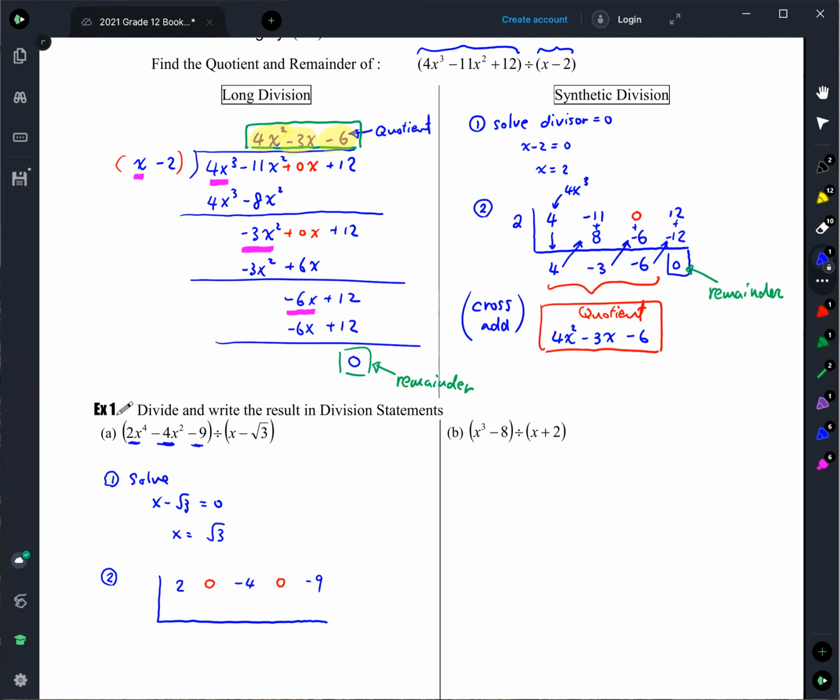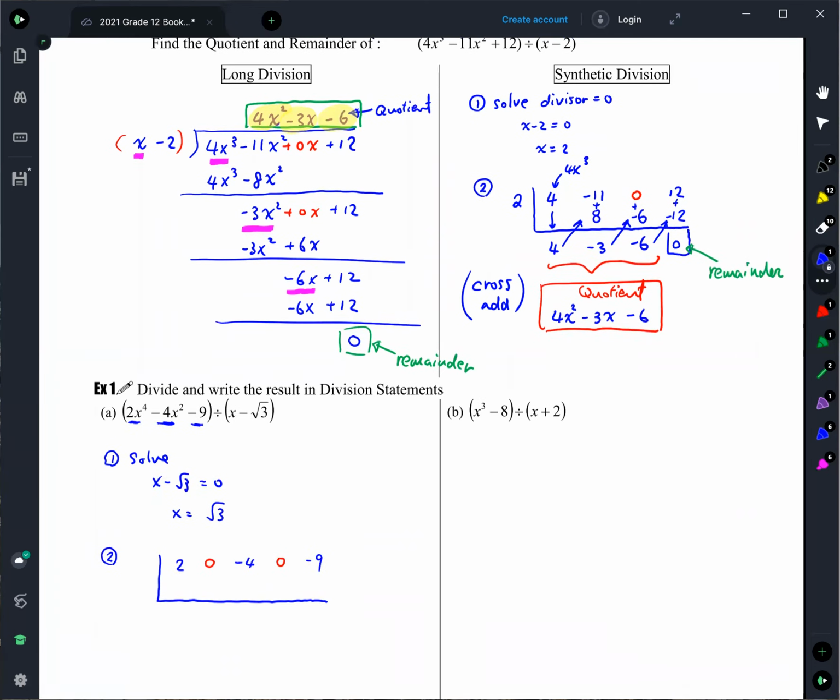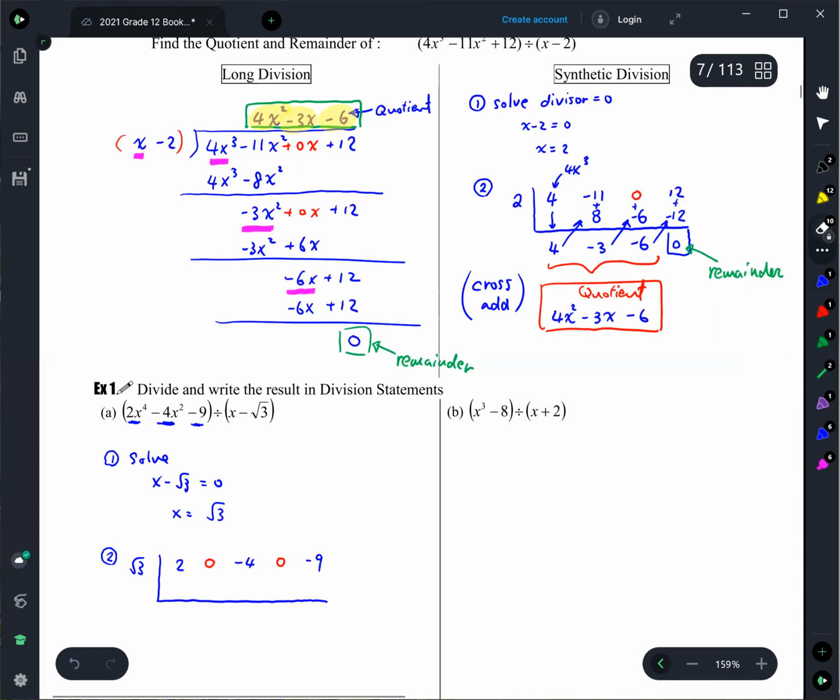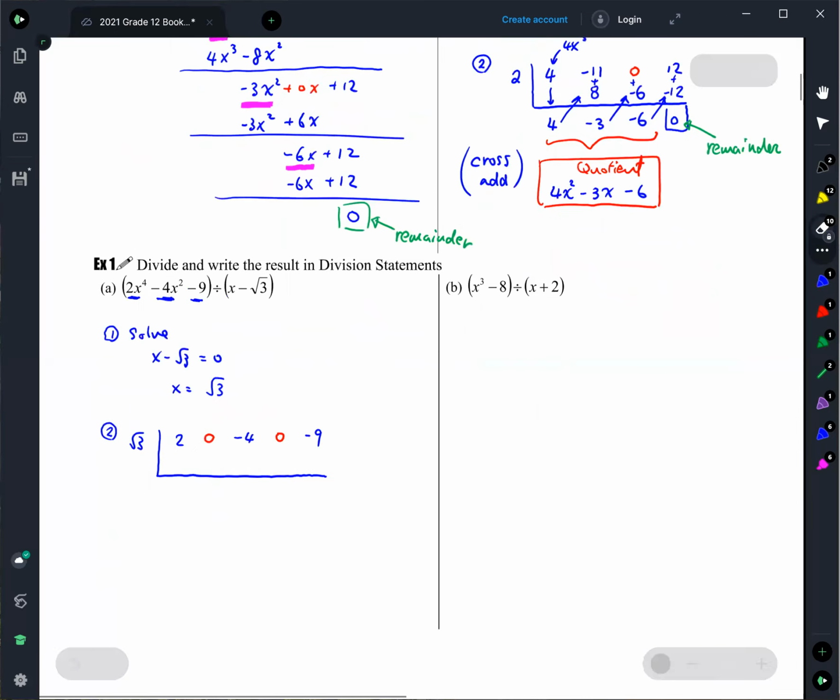Okay, what goes to the outside, Marcus? Marcus, what number do we put on the outside? Root 3. Yep, root 3. All right, so everyone please try this out.